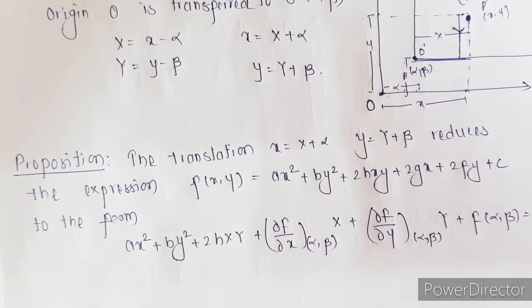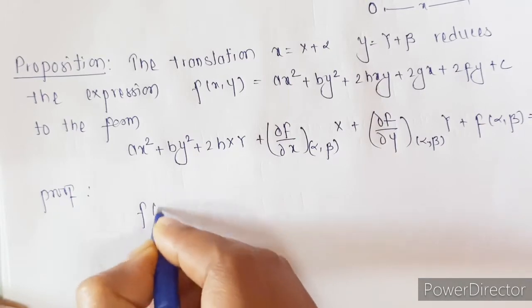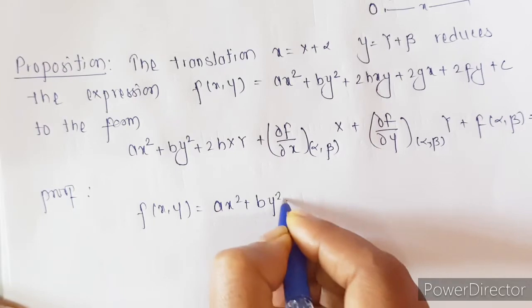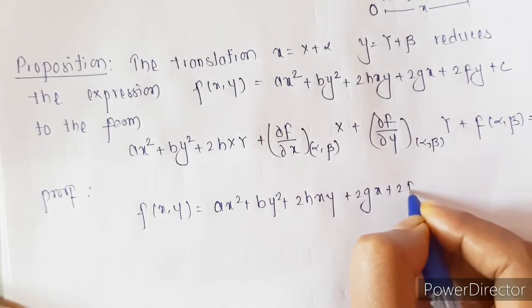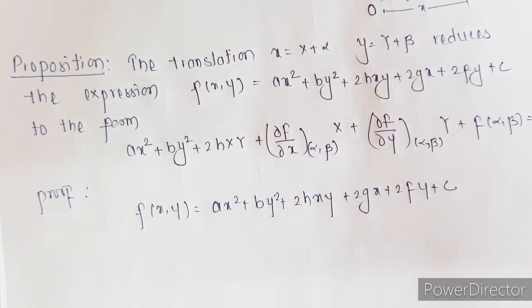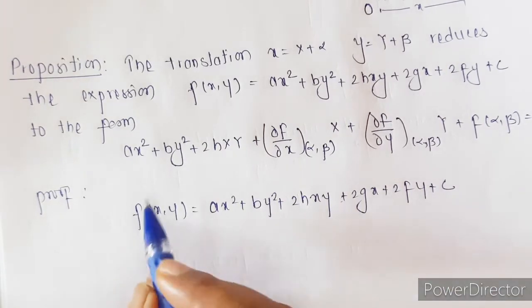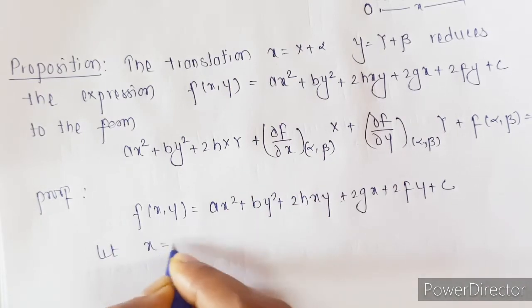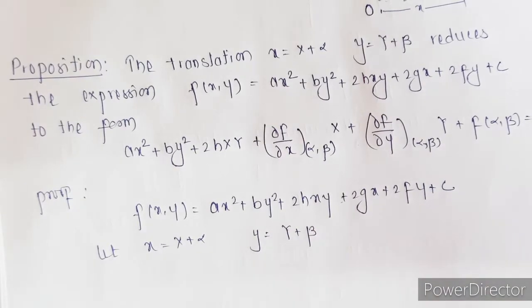Okay, so let's start with this. Now we have f of x comma y, it is ax square plus by square plus 2hxy plus 2gx plus 2fy plus c. We have to reduce this into this form, and the translation is given. So let x equal capital X plus alpha and small y equal capital Y plus beta.